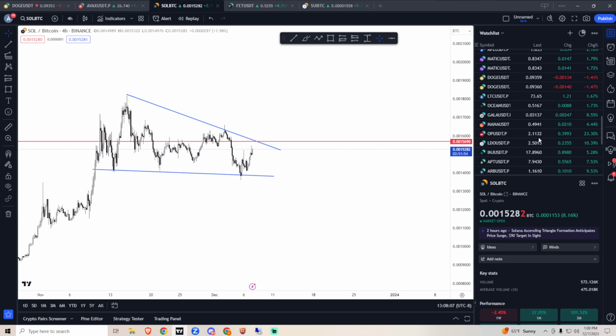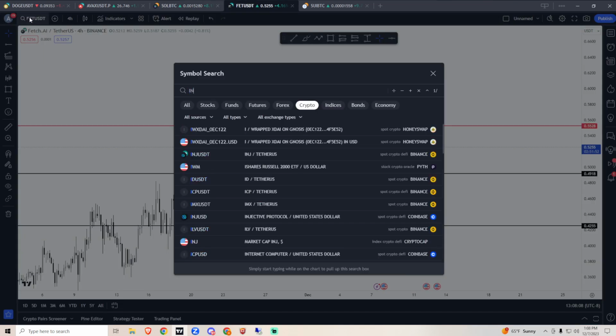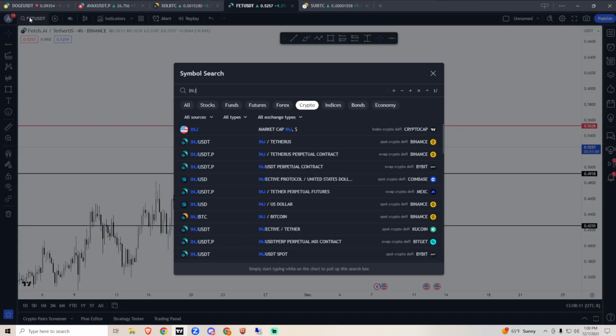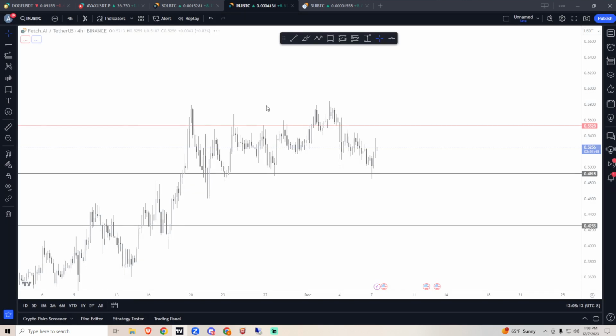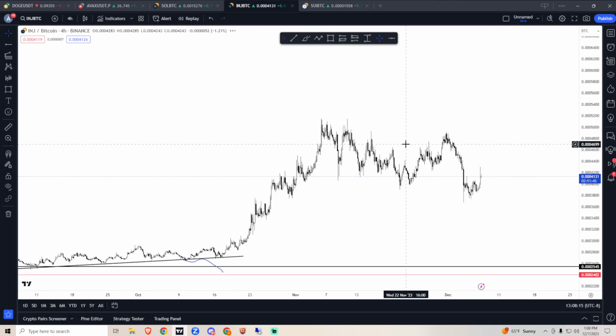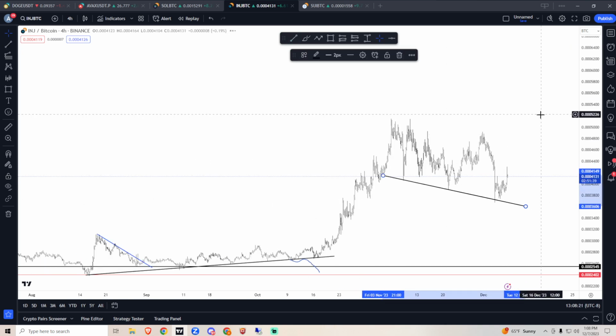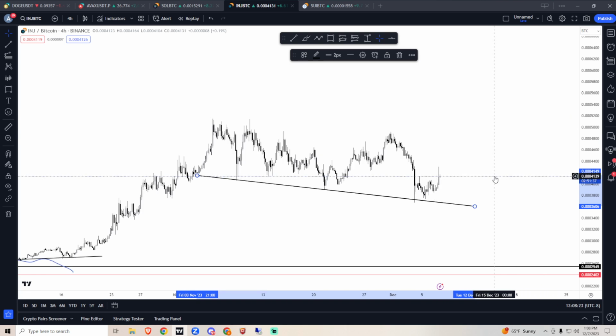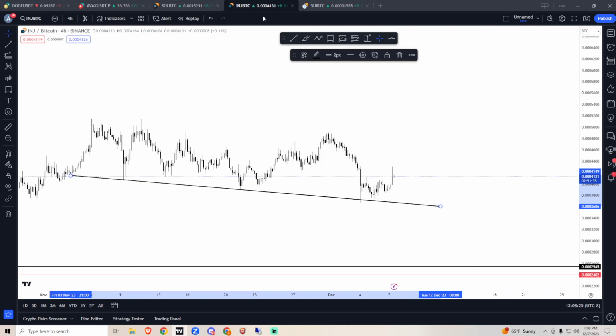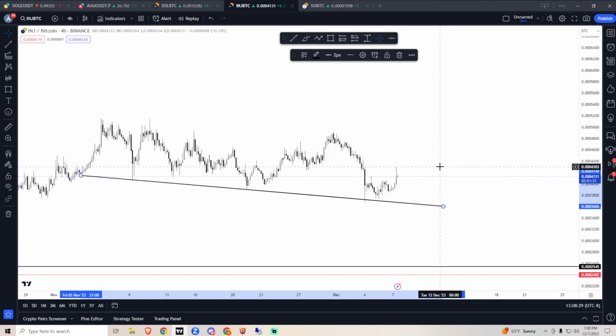Okay? I think Injective. Injective versus Bitcoin. Hmm, maybe not. The Bitcoin pairing looks gross on this.